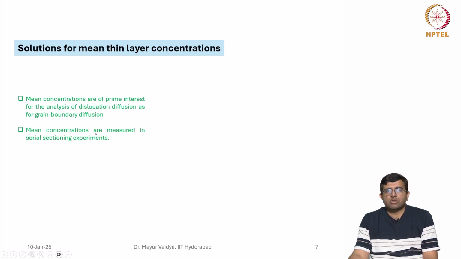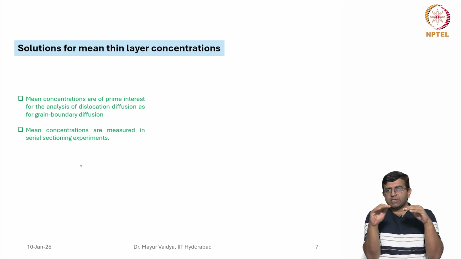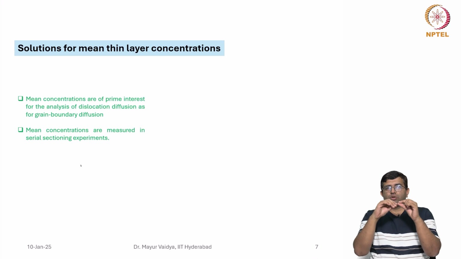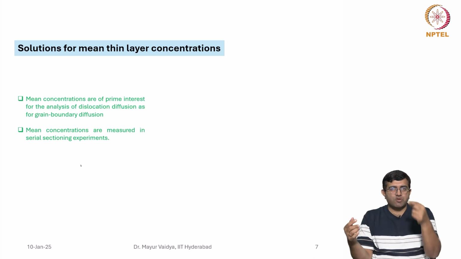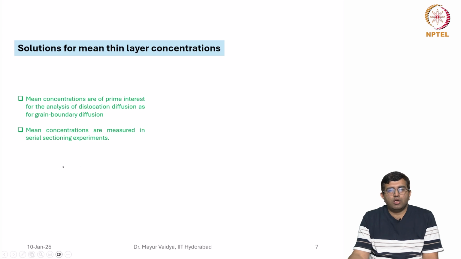And these mean concentrations are what are measured in the serial sectioning experiment. So, remember when you are measuring the tracer diffusivities using the serial sectioning technique, you are cutting across the entire section. So therefore, what you get is the average concentration, not a concentration in a particular dislocation.